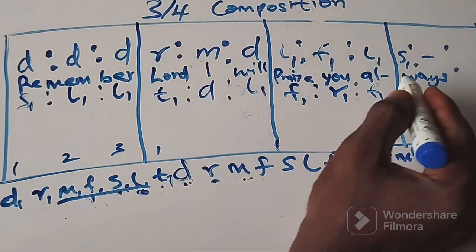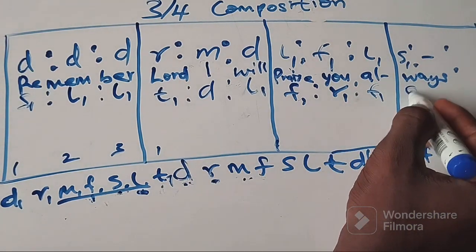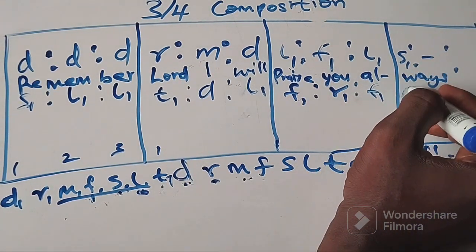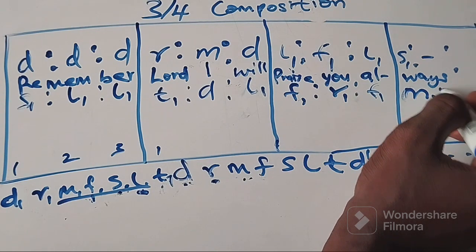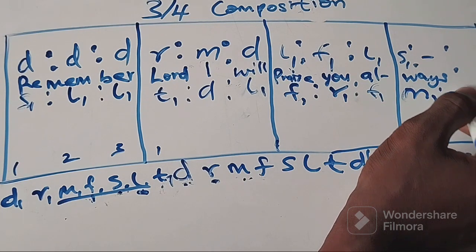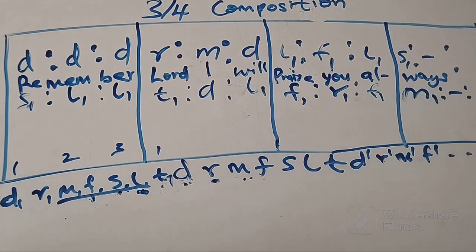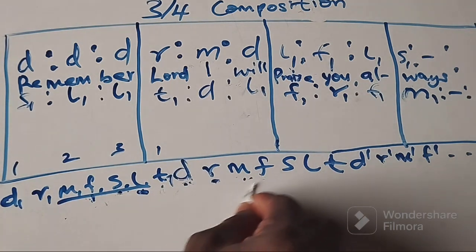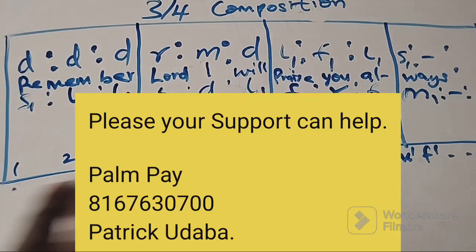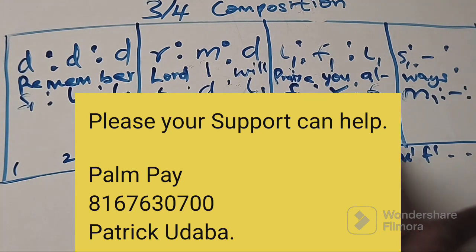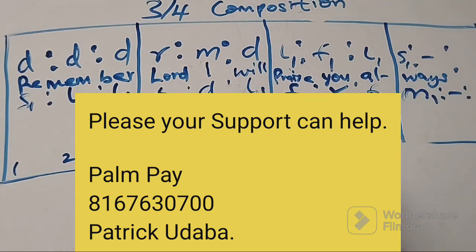Soprano is singing sol. I will sing mi or do, because it is a do chord. Okay, that is how to get it. I hope you are understanding it. Okay.